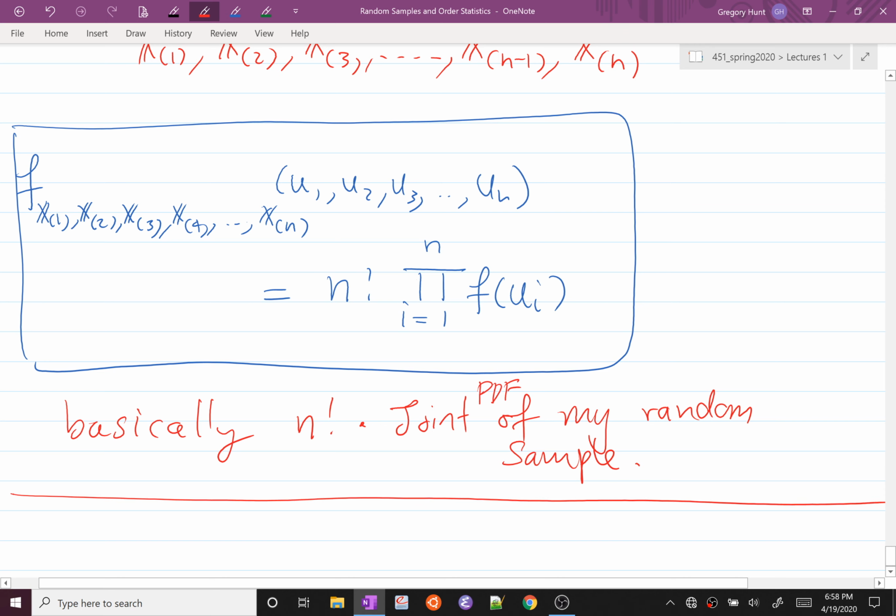So that's the lecture for today. We did a little bit of an introduction to random samples and a little taste of how statisticians take probability and run with it. And then we looked at order statistics. So this is the minimum, the maximum, and everything in between. The second largest, the second smallest, the third smallest, etc. And we looked at the marginal distributions of these things.